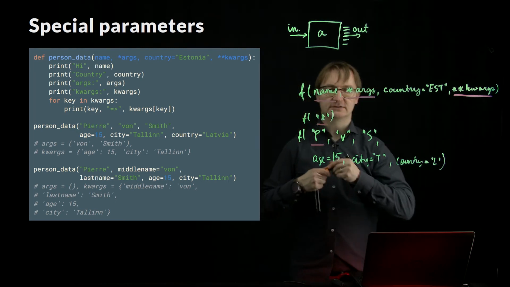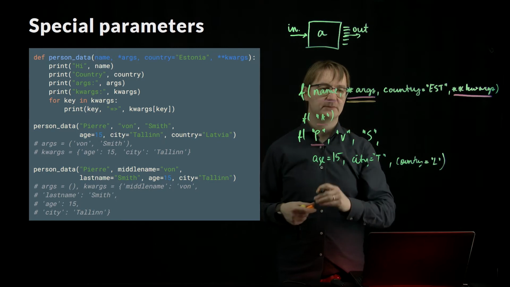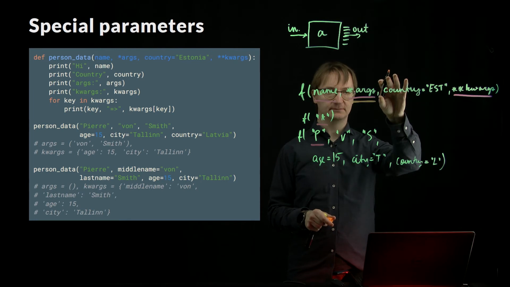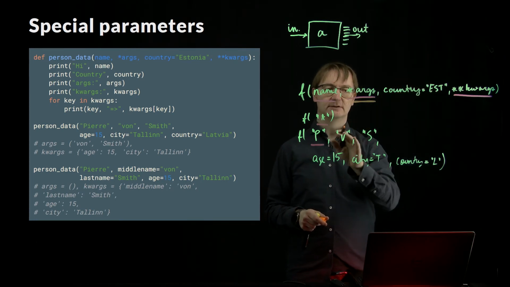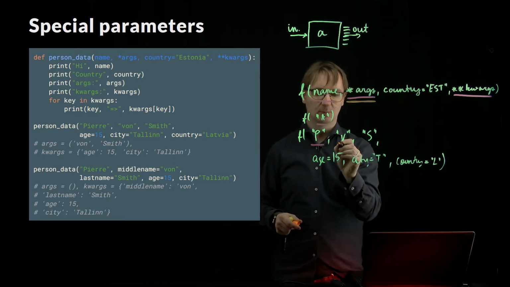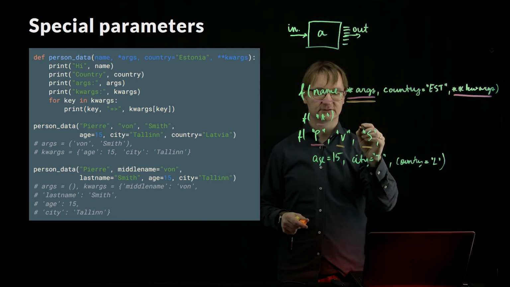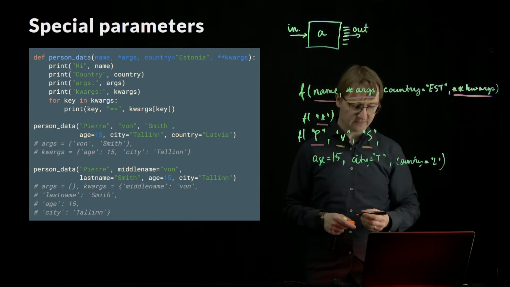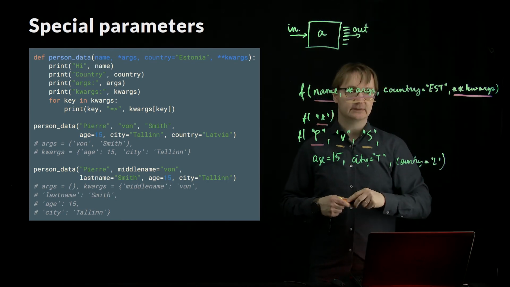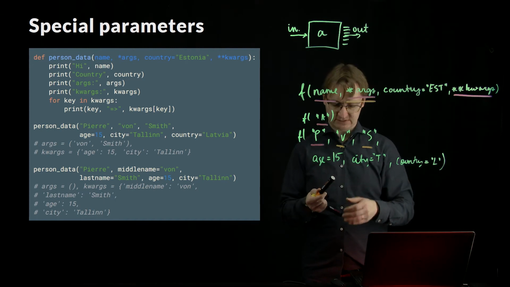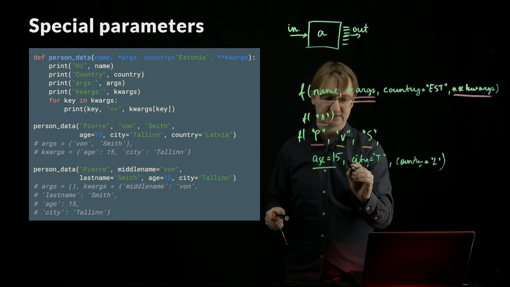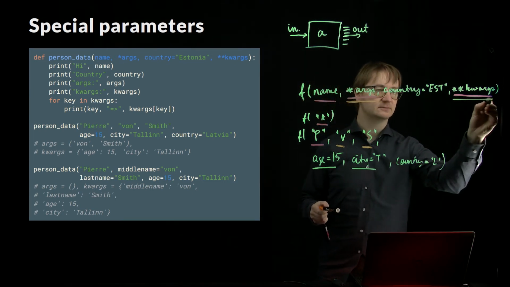Now we have this args. So everything which is not defined by parameter name, so the arguments which are passed in as positional parameters, will be part of this args. So both v1 and Smith will be part of args. And now we have age and city. Age and city will be part of this one here.